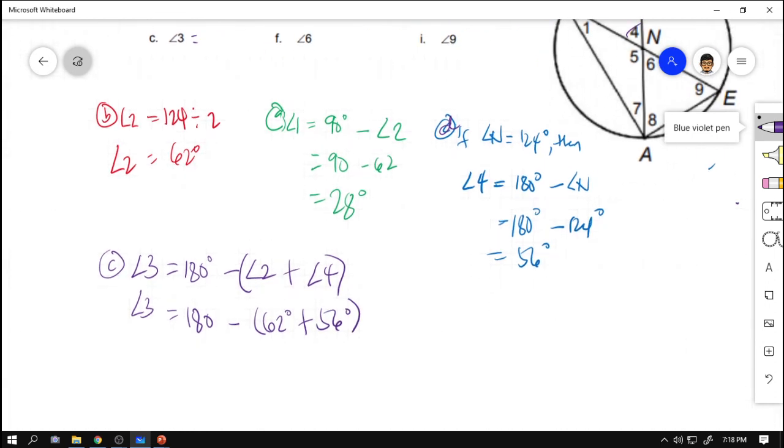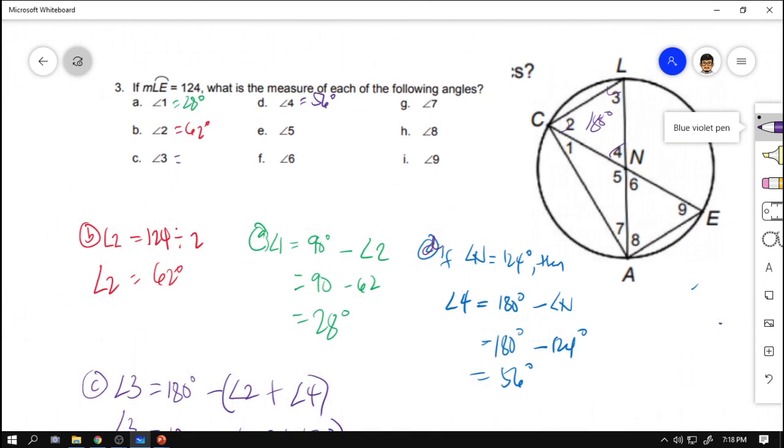So, 62 plus 56 is equal to 118. 180 minus 118 is 62 degrees. Okay, so si angle 3 ay 62 degrees din. Okay? So, ibig sabihin ito ay 62 degrees.